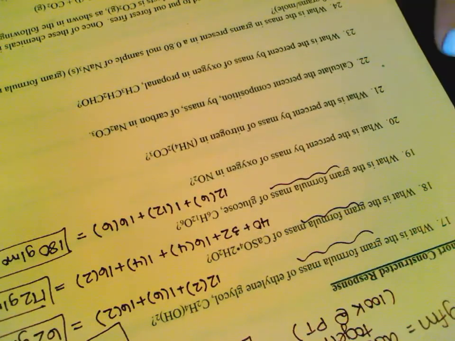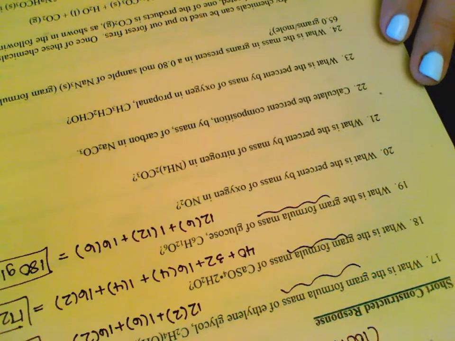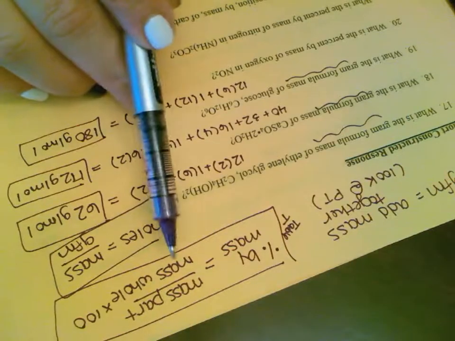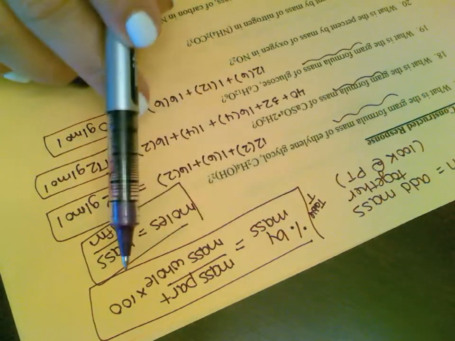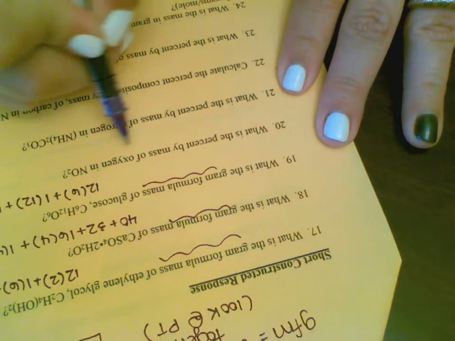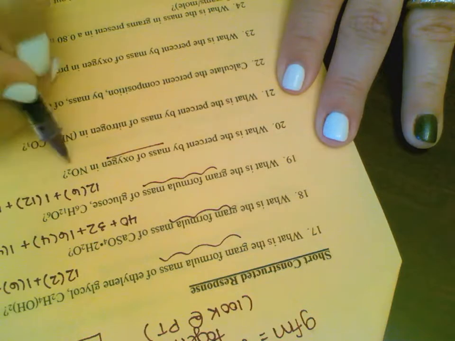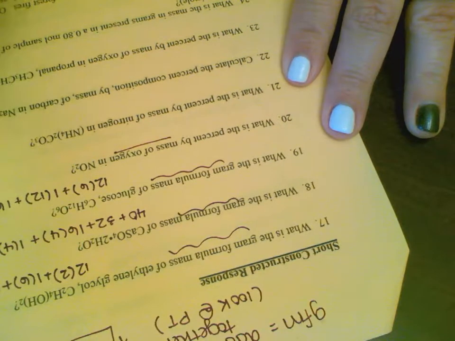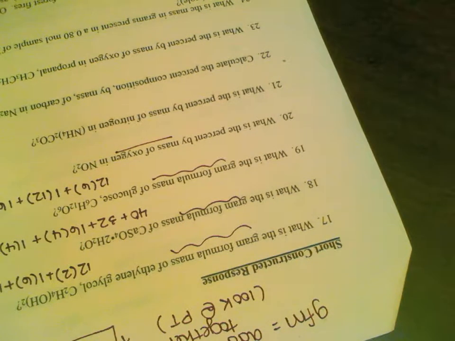Number 20. All right, we're moving into some percent by mass. These questions right up here: your part over your whole times 100. They want the percent mass of oxygen in NO2. So what is the mass of my part and what is the mass of my whole?